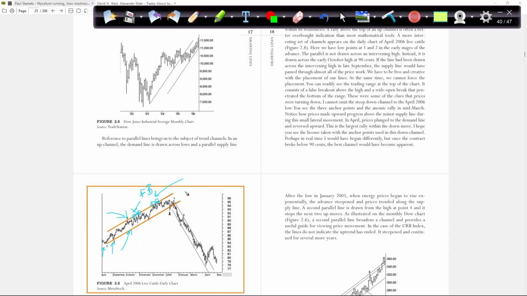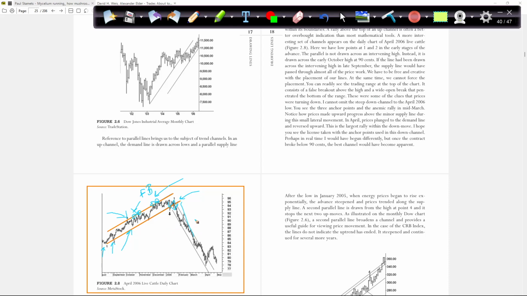These were some of the clues that prices were turning down.